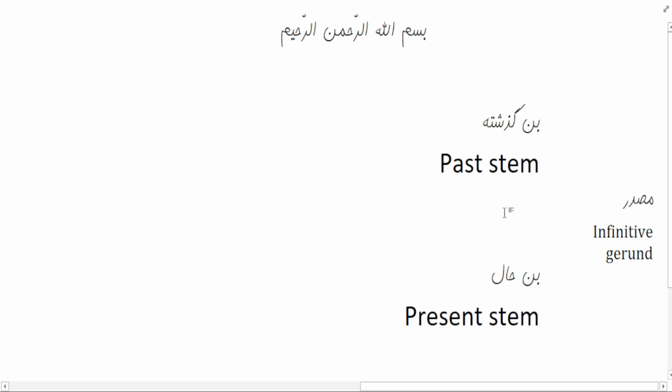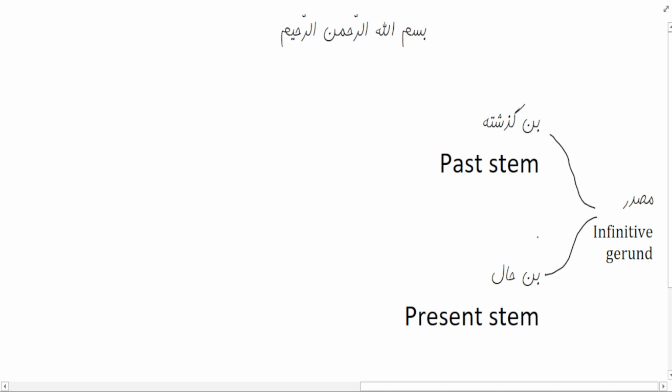So for each mastar or infinitive in Persian, you will need to know a respective bone gozashte and a respective bone hal. This is very important, okay?